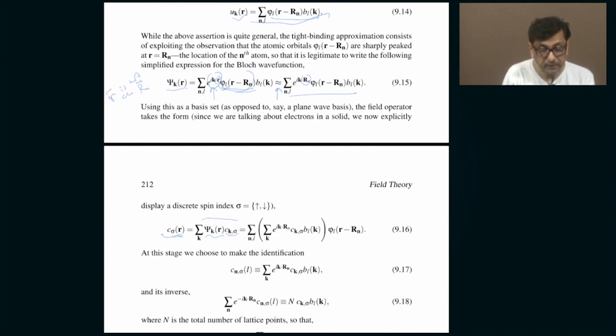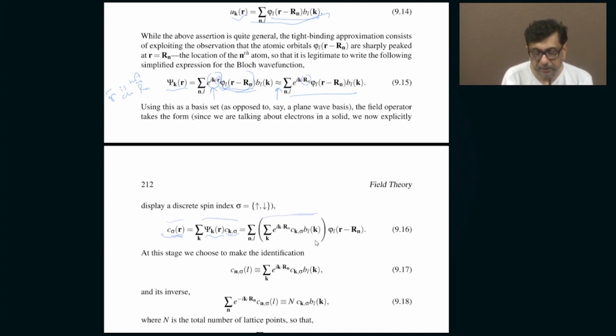Now, the second quantized annihilation operator can always be re-expressed, because we now have a complete basis in terms of the Bloch states, which are in turn constructed from the orbitals of the individual atom wave functions. So, having done that, we can re-express the annihilation operator in terms of the Bloch states. When you do that, you encounter this operator.